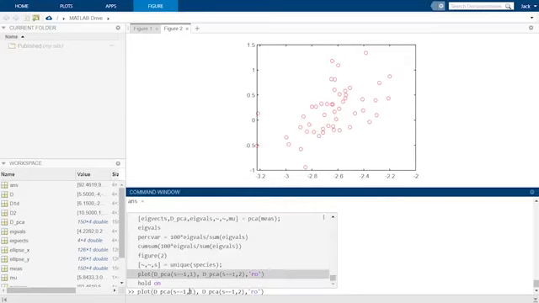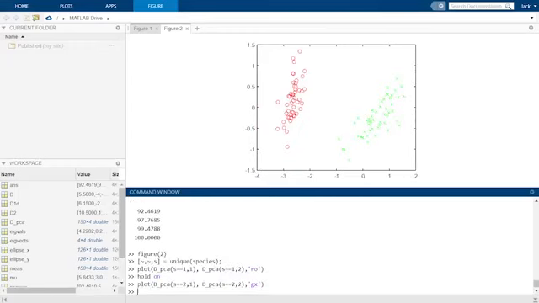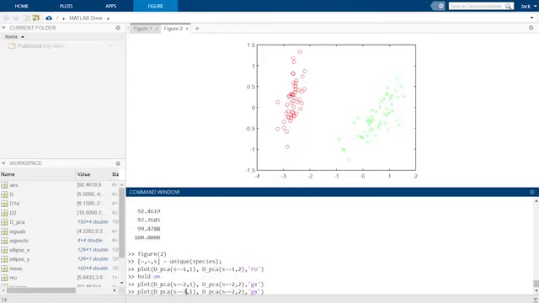Then we do the same for species 2 with green X's, and species 3 with blue asterisks.